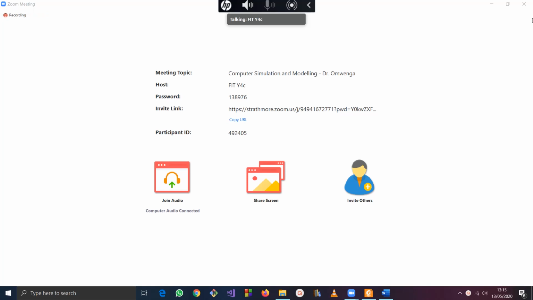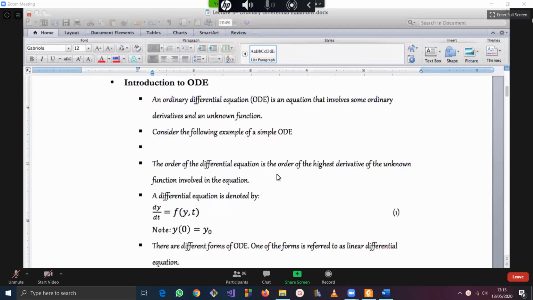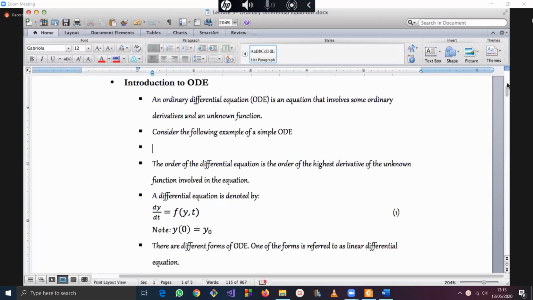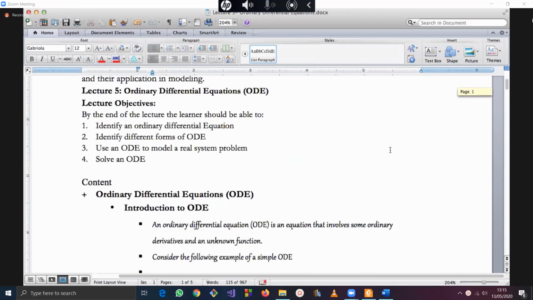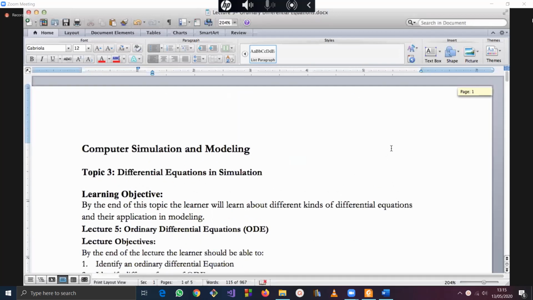So having said that, now I want to quickly take you to our new topic, lecture 5, which is going to be on topic number 3. This is what we call differential equations. I want to give a context under which we are moving into this, and how this topic is going to be relevant to what we are doing.